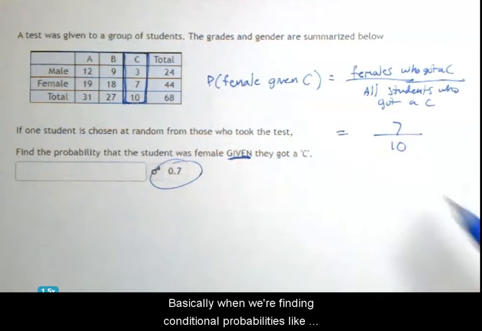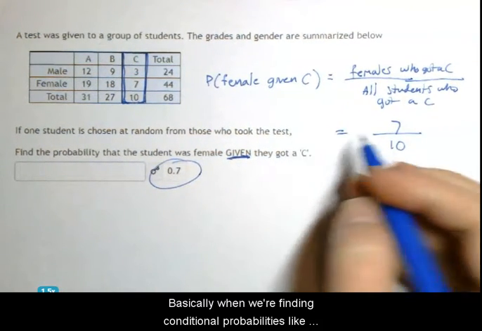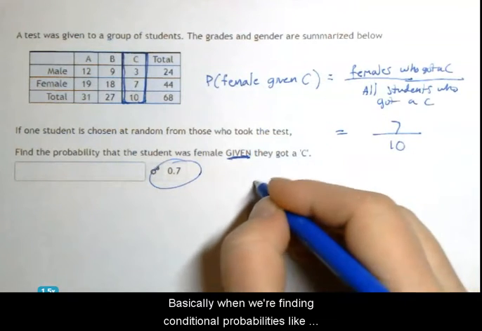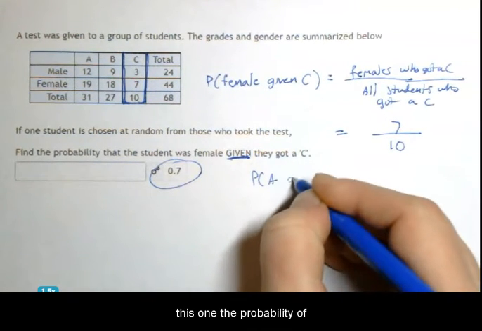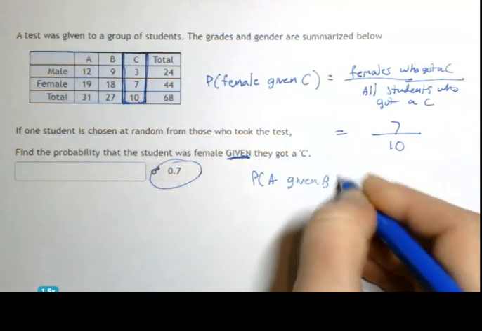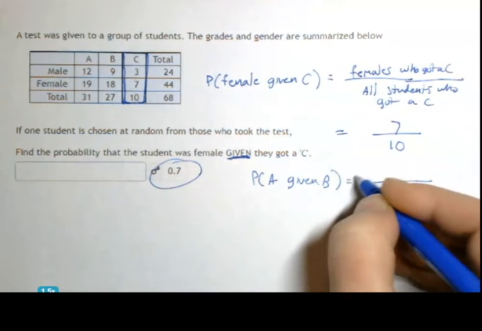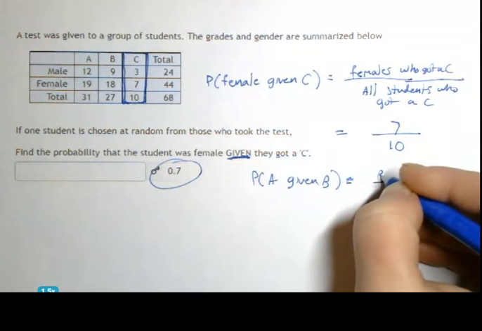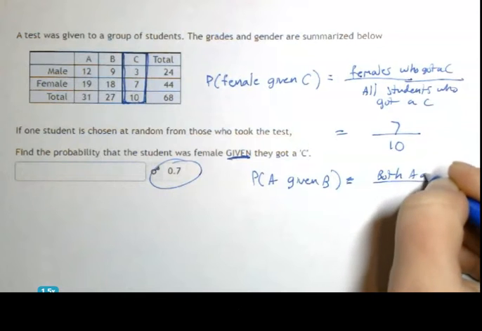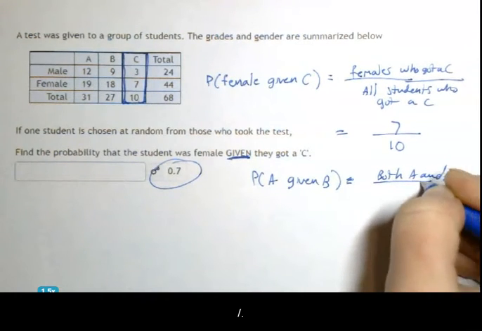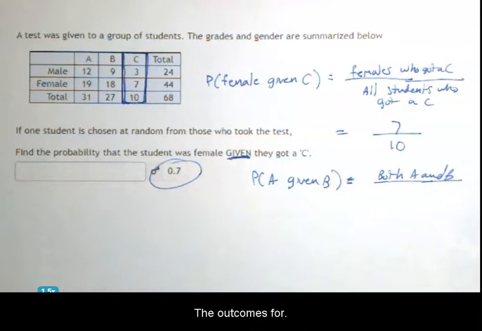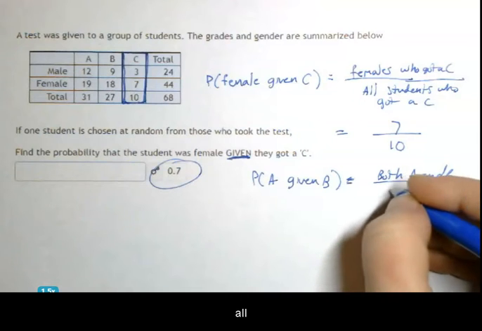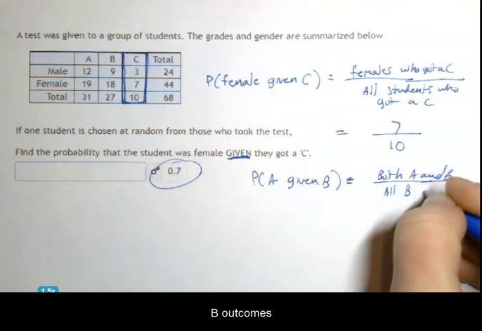So basically, when we're finding conditional probabilities like this one, the probability of A given B, it's the outcomes for both A and B divided by the outcomes for B, all B outcomes.